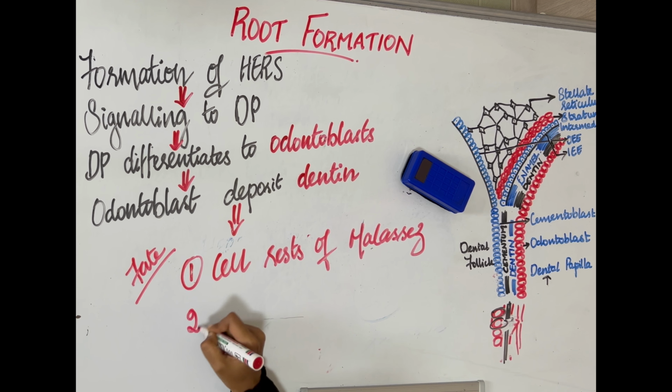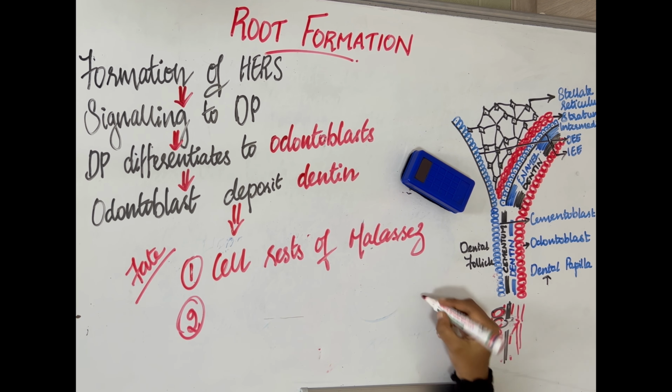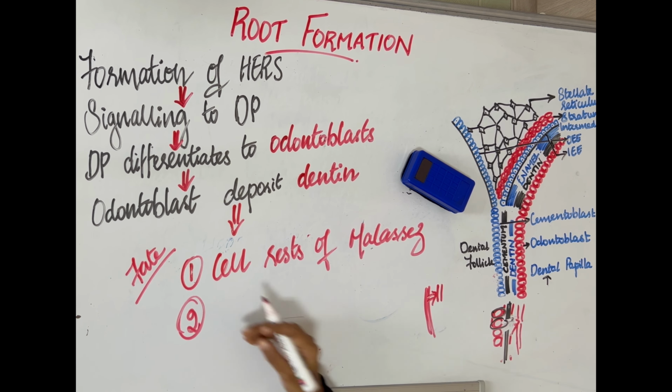The second fate is, if Hertwig's epithelial root sheath does not undergo degeneration and remains in the same place, then they become adherent to the dentin. If in one place the root sheath is not undergoing degeneration, they will become adherent to the dentin and they will undergo differentiation and form ameloblasts.